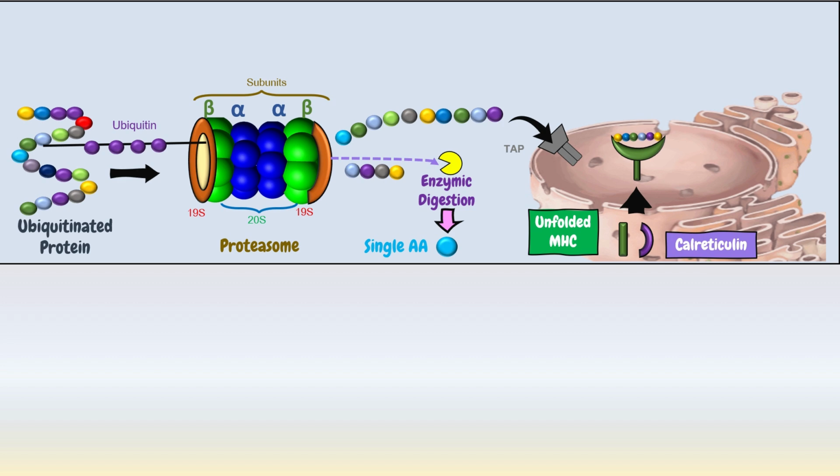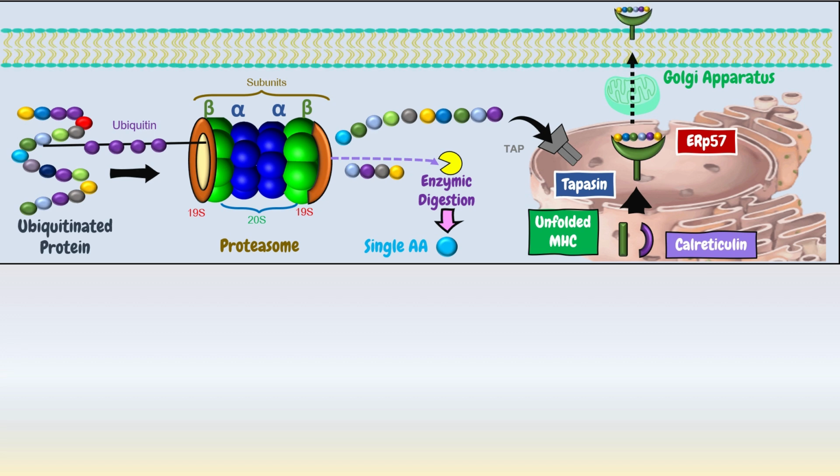Initially, the alpha chain is bound by chaperone proteins such as calnexin, calreticulin, and ERp57, which regulate peptide binding. Tapasin bridges the alpha chain to TAP. This MHC peptide complex moves through the Golgi apparatus to the cell surface.